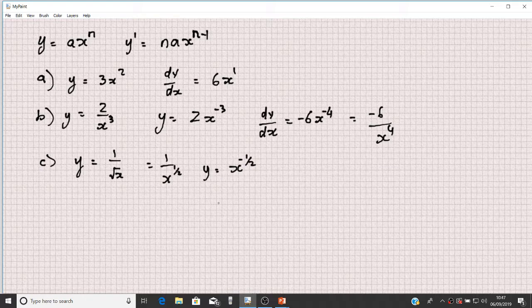Now we're ready to find the first derivative. dy/dx, take the power down, minus a half, times x to the power of minus a half minus 1, which is minus 3 over 2. That answer is fine like that. We don't need to do anything further. We can look at some other examples now.